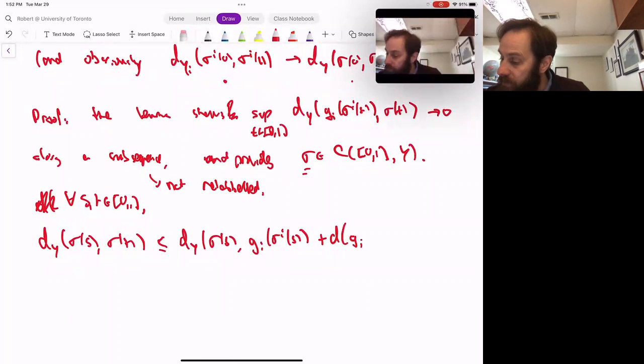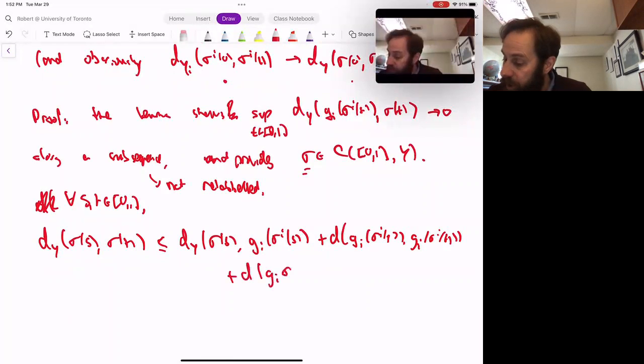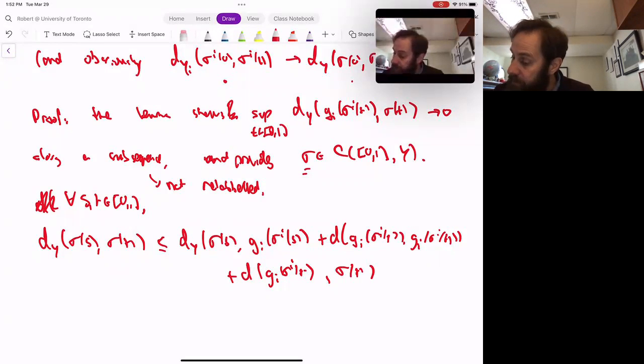But I'll have distance GI sigma I s, GI sigma I t, and then finally I'll have distance GI sigma I t to sigma t. Now all these distances are in the limiting space.